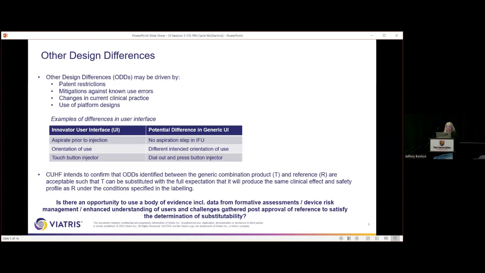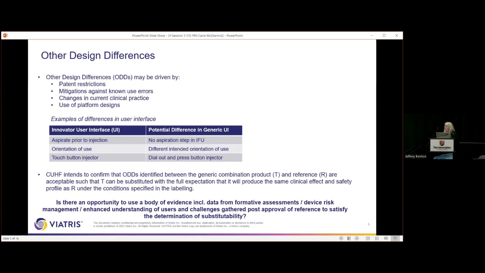I think the key thing we're looking to work on here is the intention of the comparative use human factors guidance: to confirm that other design differences that exist between the generic combination product test and the reference are acceptable, such that the test product can be substituted, with the full expectation that it will produce the same clinical effect and safety profile. That's something I think we're all aligned on.